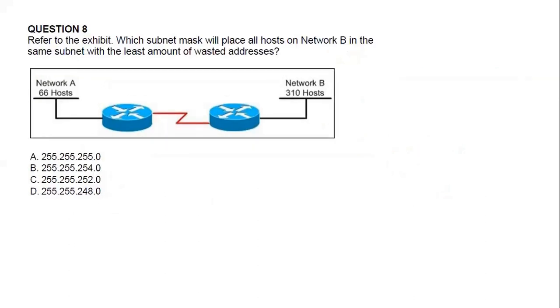Question 8, looking at this: refer to the exhibit, which subnet mask will place all hosts on network B in the same subnet with the least amount of wasted addresses? So I don't know, anyone who got an answer here? What answer did you give?